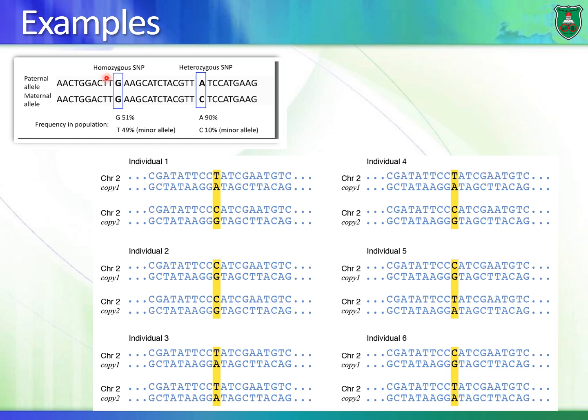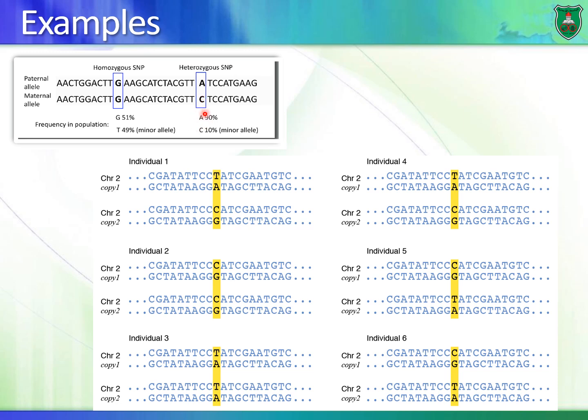So we say that this person is homozygous for this particular SNP. Now let's look at another location, and we would notice that the paternal allele contains an A, the maternal contains a C. So we say that this person is heterozygous for this particular SNP.